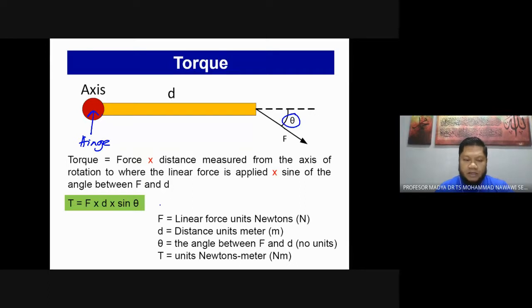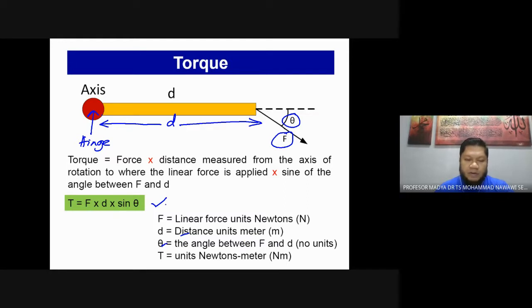So finally, the torque is defined by this equation: F, the amount of force that you put in, the distance from the axis of rotation to where the force is applied, and the angle between F and the distance, theta.